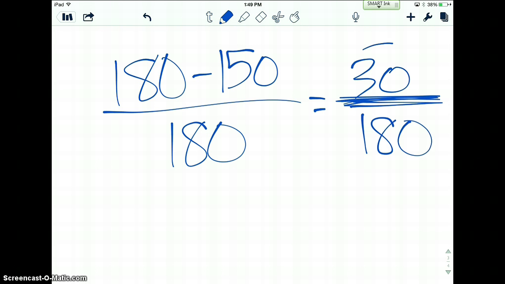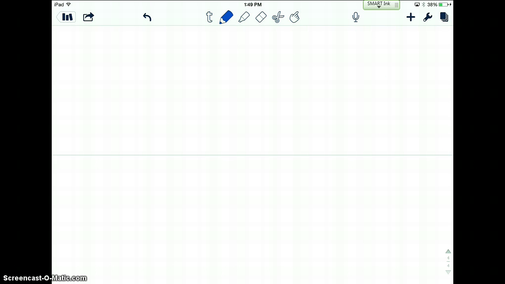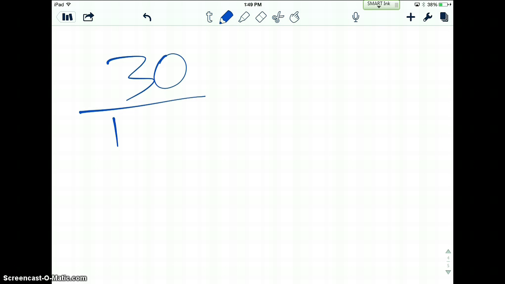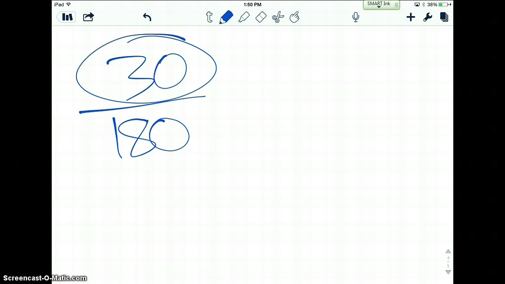Okay, so there I have my ratio, but now I need this ratio expressed as a percent. So how do I make this into a percent? Well, if you have a calculator, you could actually get after it right now, because I could take 30, and then what operation is that fraction bar? Division by 180.